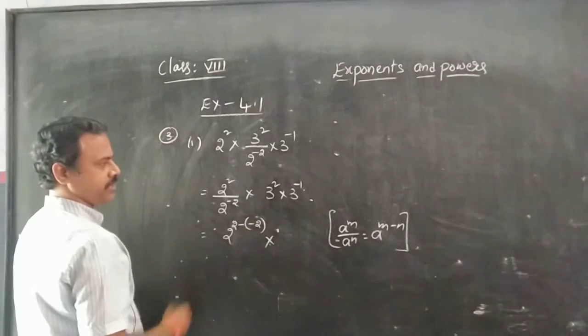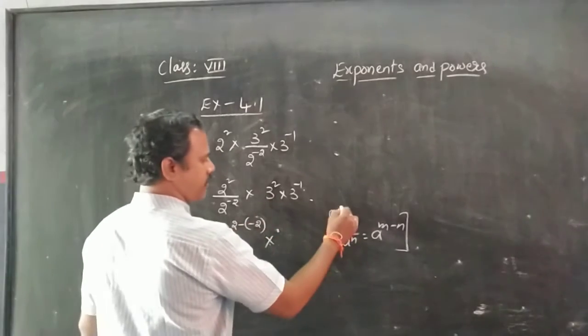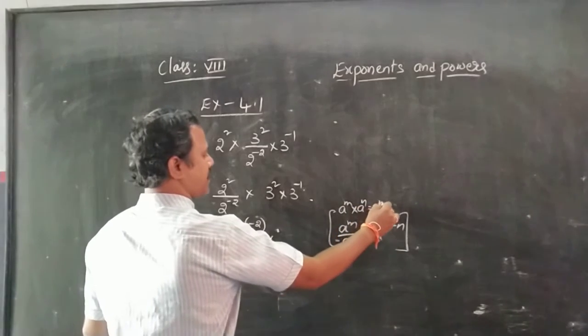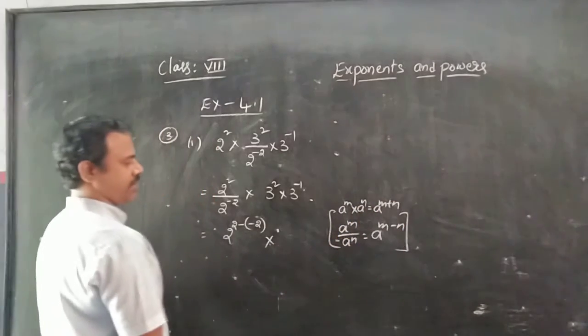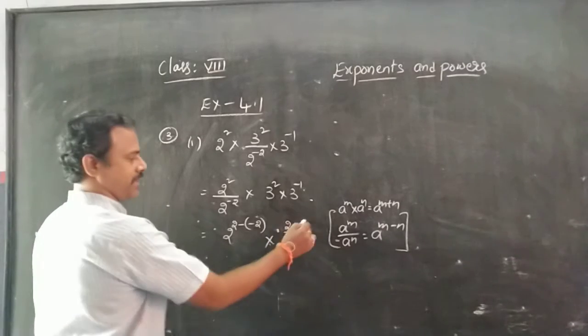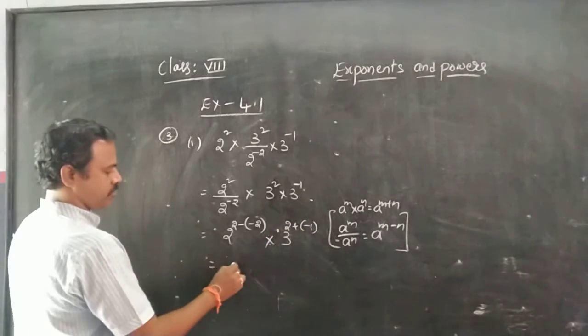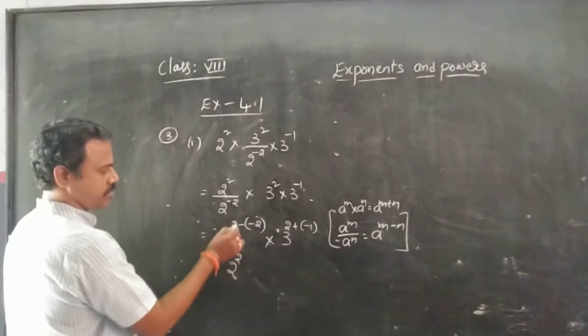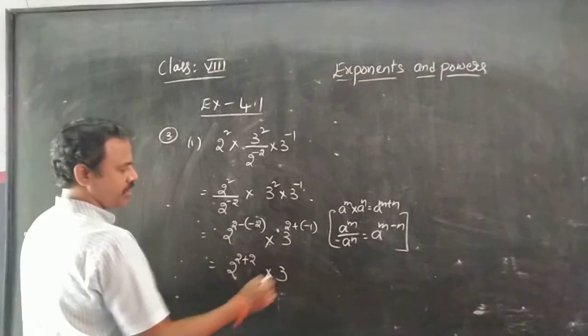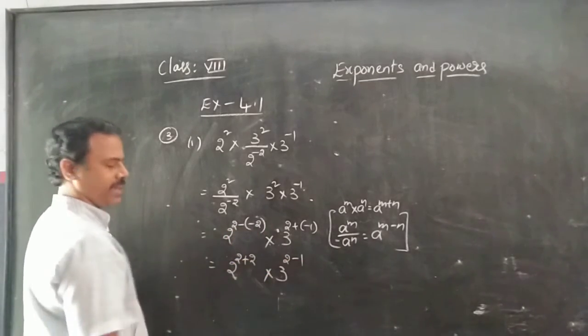Very good, Nana. Now this is again using the formula a power m into a power n, which you can write as a power m plus n. So you change this one as 3 to the power of 2 plus of minus 1. So 2 to the power of 2 minus of minus 2, that is plus 2, and 3 to the power of 2 minus 1.